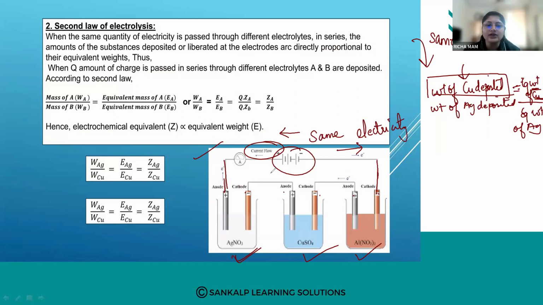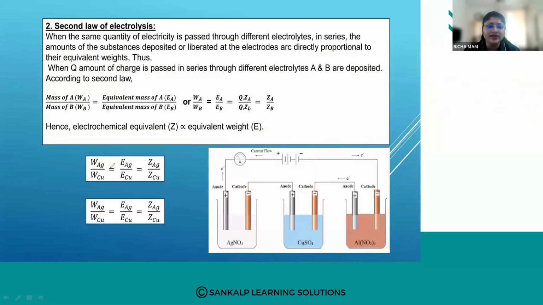When the substances start to deposit or liberate at the respective electrodes, the amounts will be directly proportional to their equivalent weights. So the weight of Ag over the weight of copper is equal to the equivalent weight of Ag upon the equivalent weight of copper, which is equal to the ratio of Z for Ag to Z for Cu.